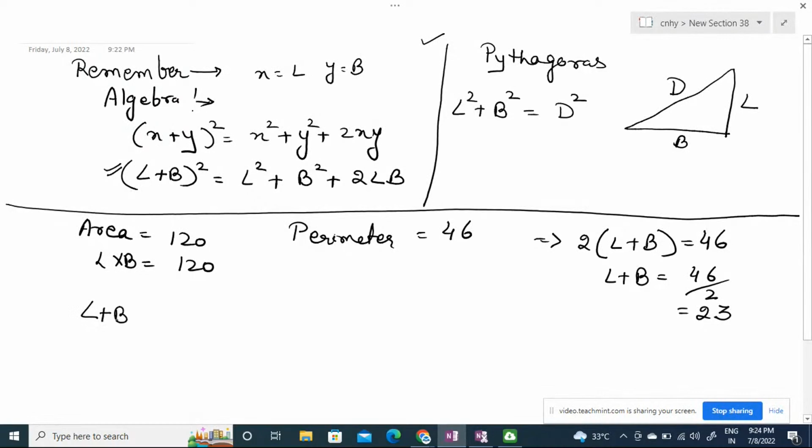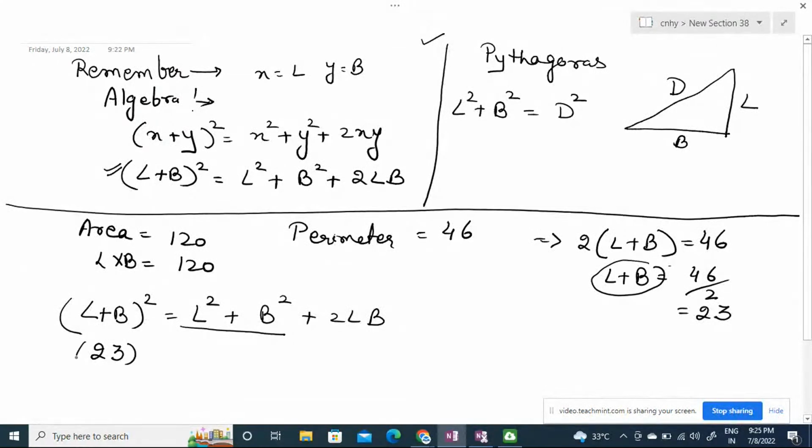L plus B whole square is equal to L square plus B square plus 2LB. In place of L plus B, we substitute 23. And in place of L square plus B square, we substitute diagonal square. And 2 into LB, 2 into 120.